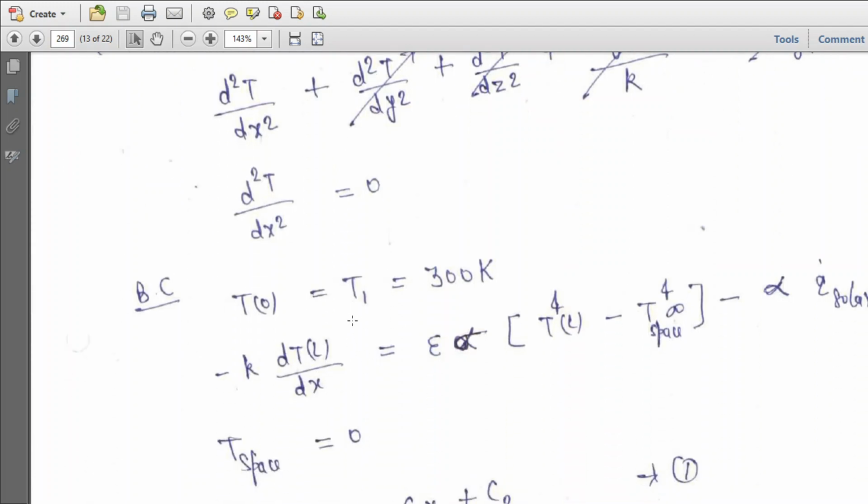Boundary conditions are at x equal to 0, temperature T1 is 300 Kelvin. At x equal to L, conduction flux -k dT/dx at L would be balanced by this.